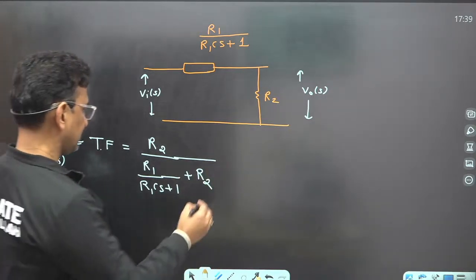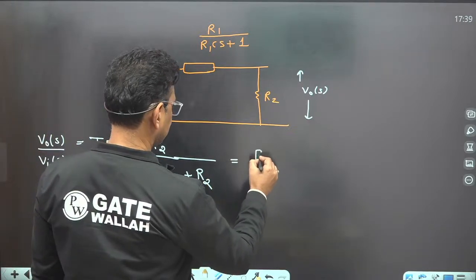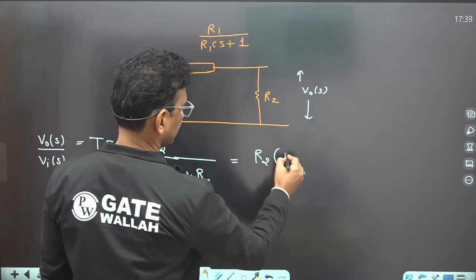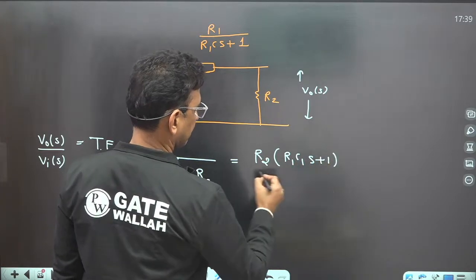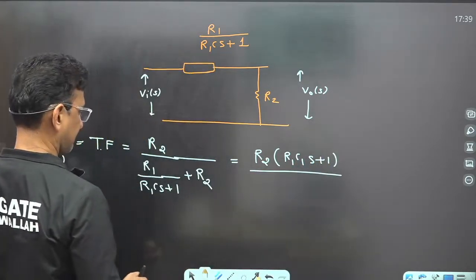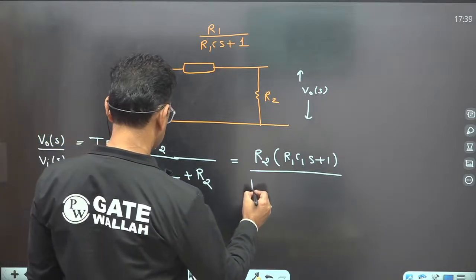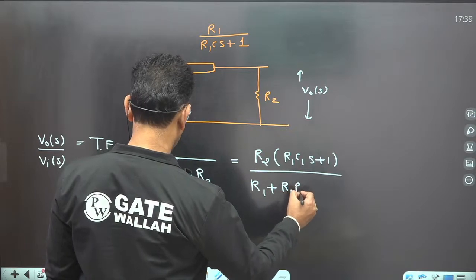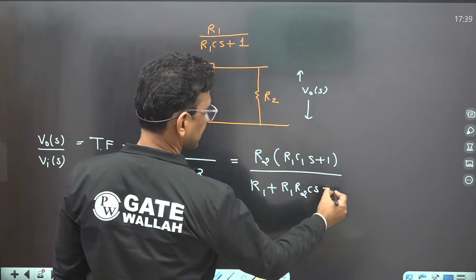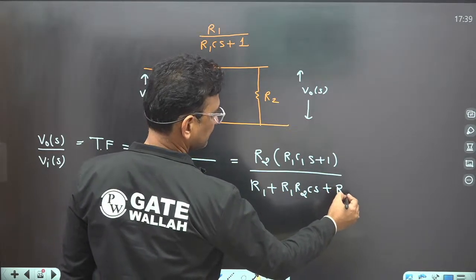Clear? So finally it will become R2 times (R1 C S plus 1), and the denominator would be R1 plus R1 R2 CS plus R2.